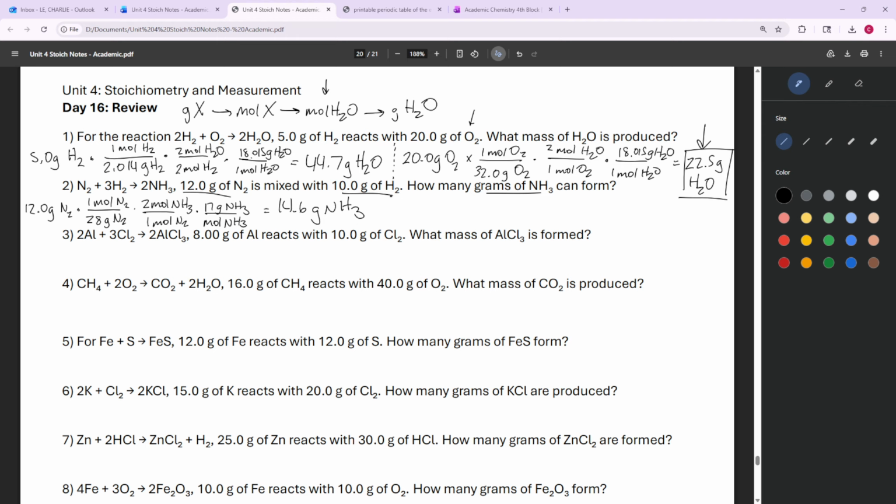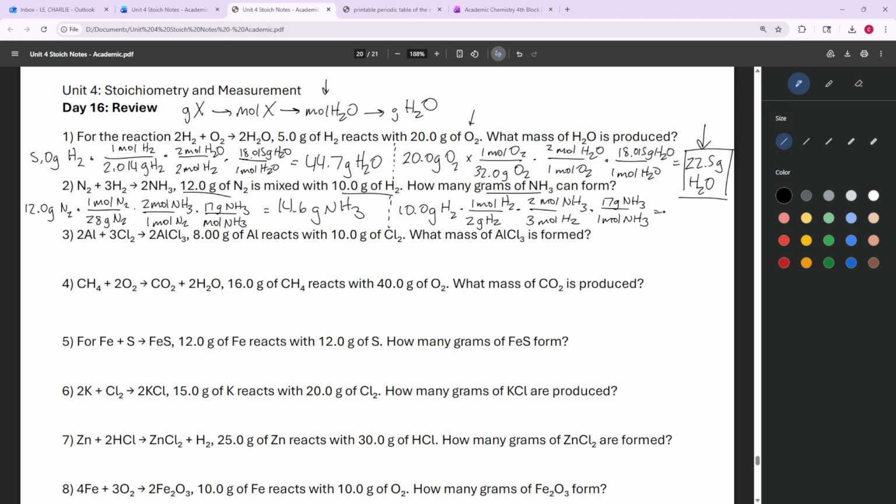And if we compare that to hydrogen, 10.0 grams of hydrogen times 1 mole of hydrogen for every 2 grams of hydrogen times, this time it's a 3 to 2 ratio. 3 moles of hydrogen for every 2 moles of NH3 times, for every mole of NH3, 17 grams of NH3.